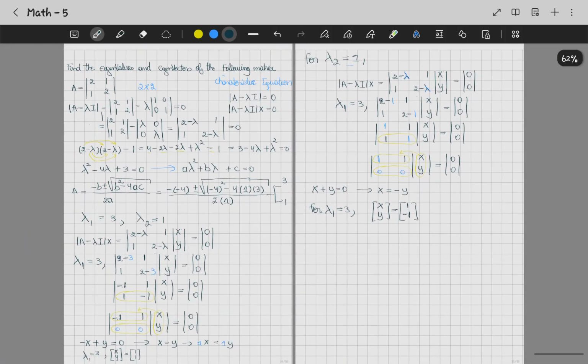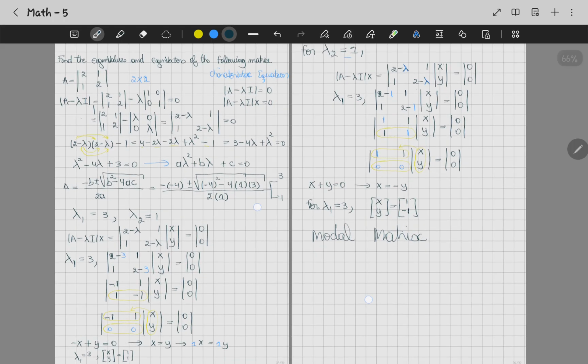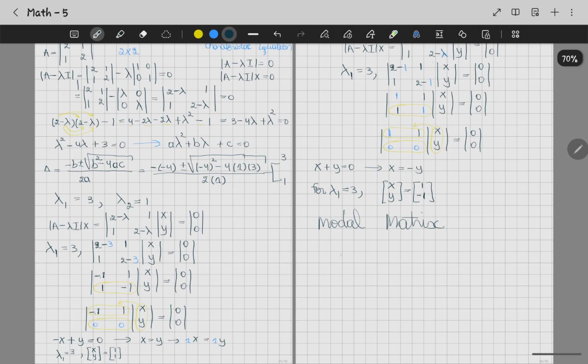And then if I have to write the modal matrix, it should be 1 1 and 1 negative 1.